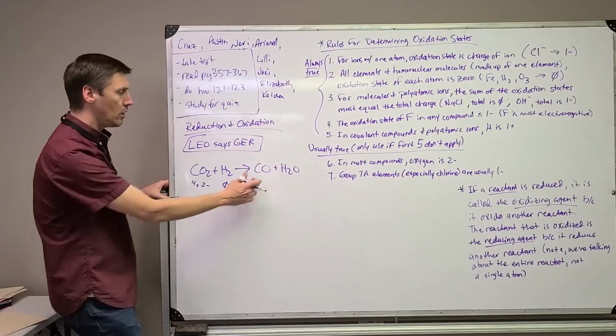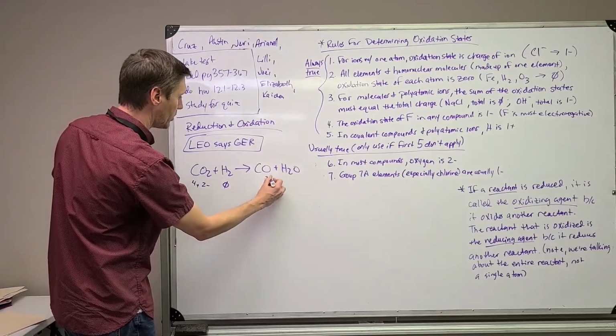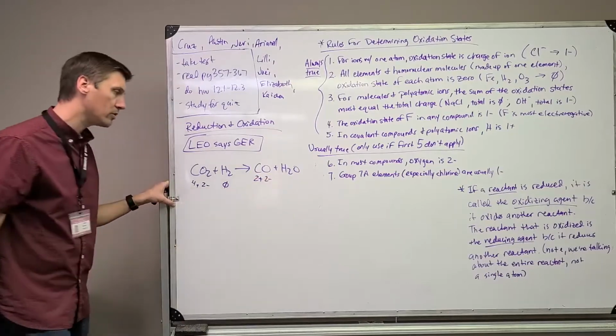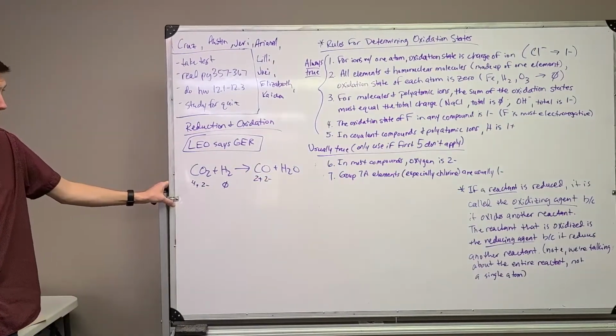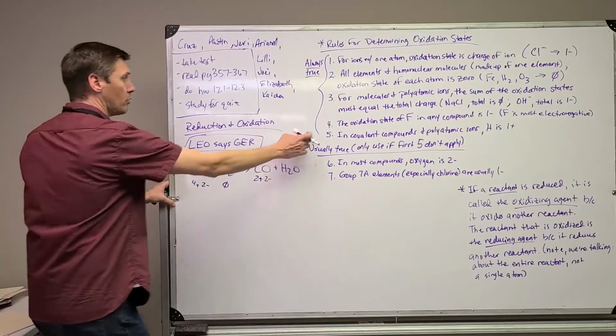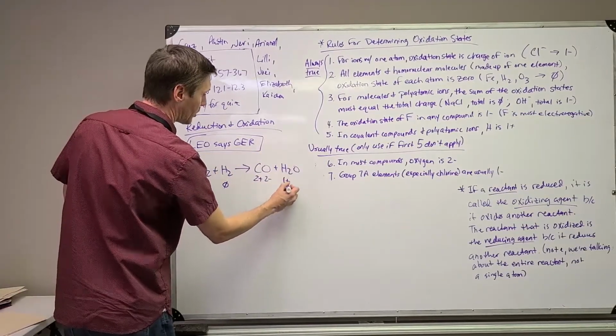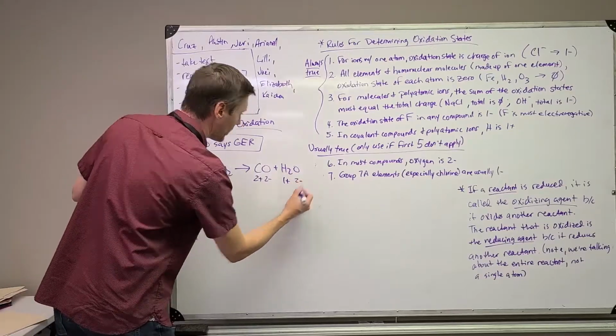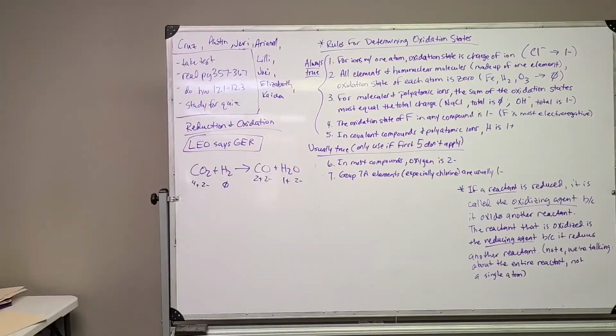For CO, again, 2 negative on the oxygen, but now the C has to be 2 plus so that it'll be balanced. For H2O, that's a covalent compound, so rule number 5 says H is going to have a 1 plus charge. And since there are 2 of those, the oxygen has a 2 minus charge in order for it to balance out.